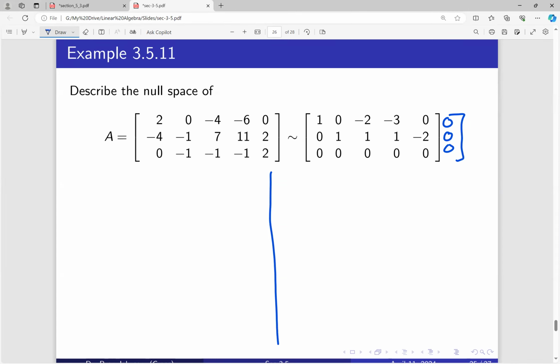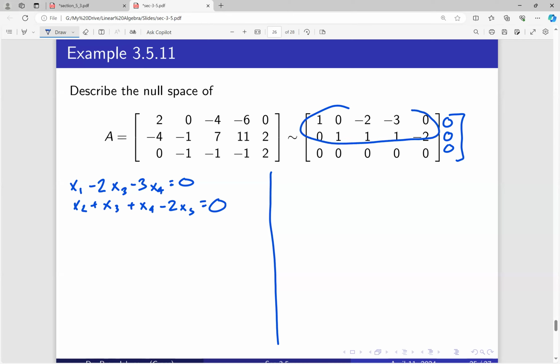So the equations are x1 minus 2x3 minus 3x4 equals 0, and x2 plus x3 plus x4 minus 2x5 equals 0. Just interpreting this in terms of a system of equations.